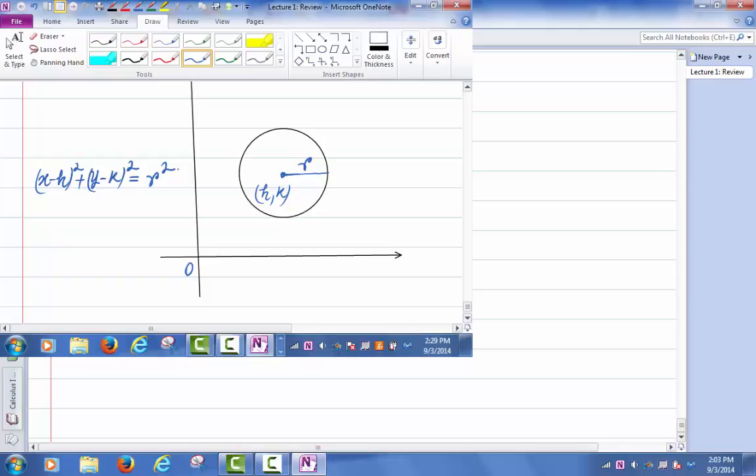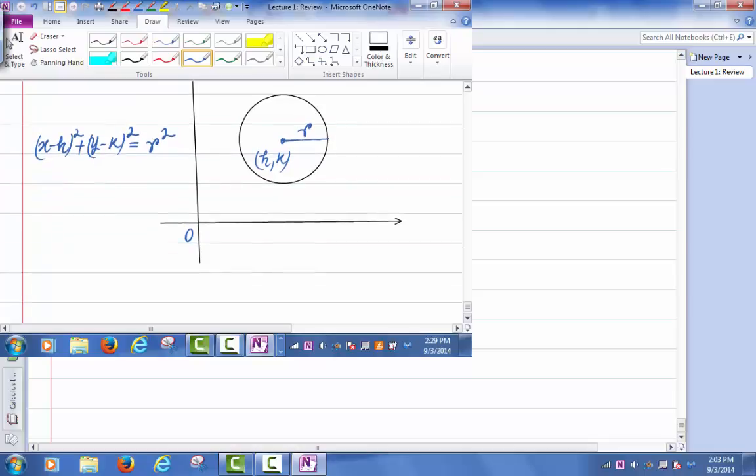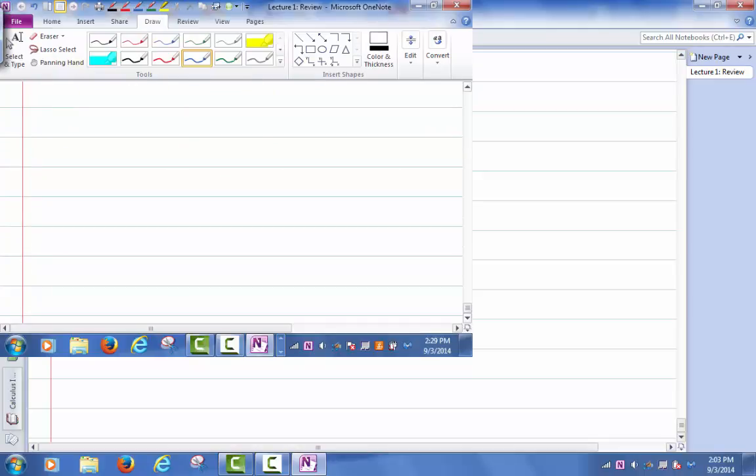All right. So those are all the facts that I think you need to remember. What I want to do now is go over one big example using these facts. So first of all, let's do an example with a straight line.